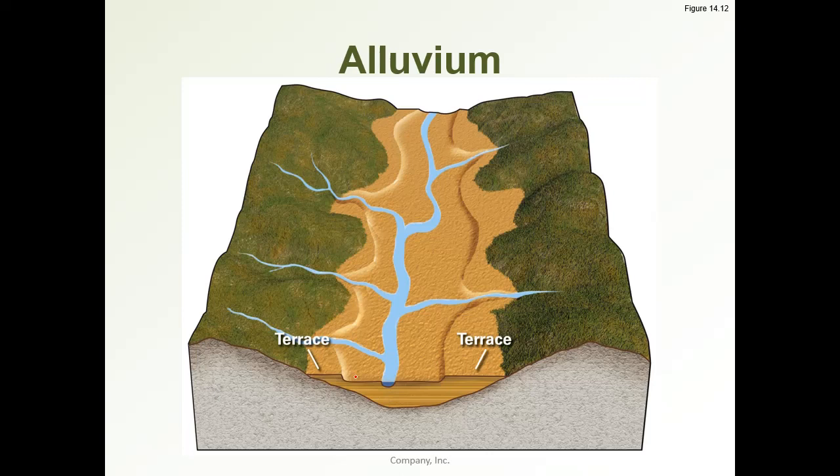So that's what we've seen here, is that these are the sediments that have been deposited. If we then have either discharge increasing, so that we now have the energy to erode again, or if base level drops so that we have that changing gradient so we can erode again, then we'll start eroding into our previous deposited material. If we do that, we can actually develop what's known as a terrace.